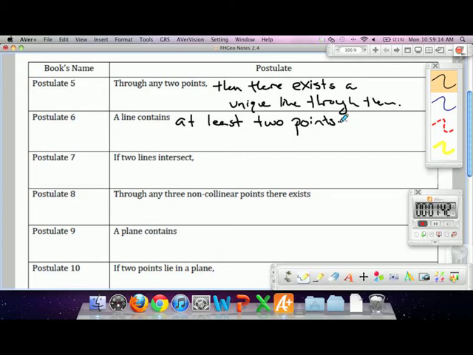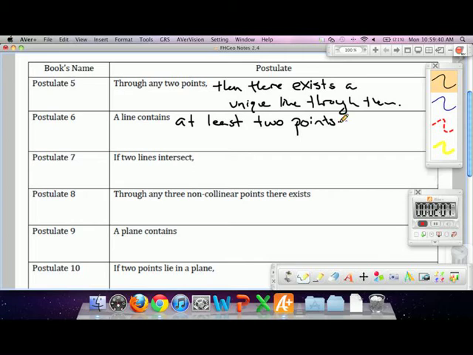The next step from that: if 2 lines intersect, what should the intersection of 2 lines be? If you see 2 lines intersect, what do they form? A vertex. So more specifically, what is a vertex? A point.